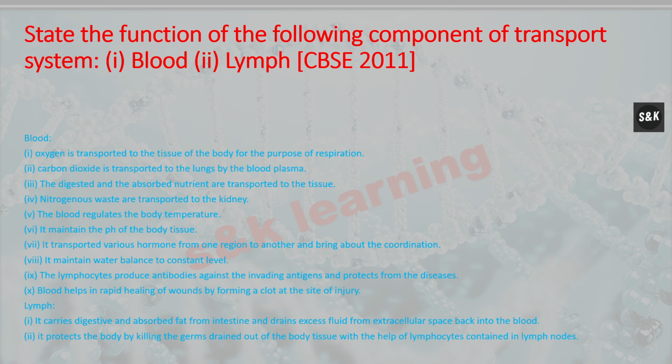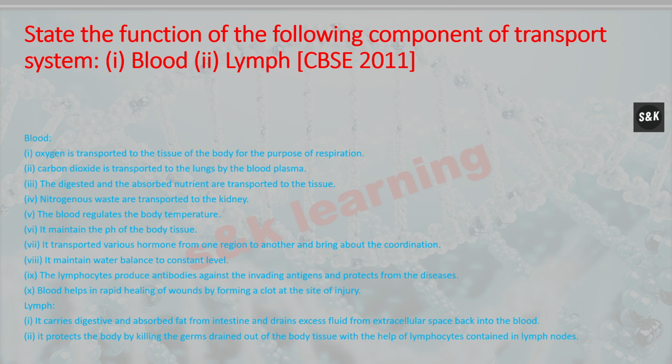Seventh, it transports various hormones from one region to another and brings about coordination. Eighth, it maintains water balance at a constant level. Ninth, the lymphocytes produce antibodies against the invading antigens and protect from diseases. Next, the functions of lymph are as follows.